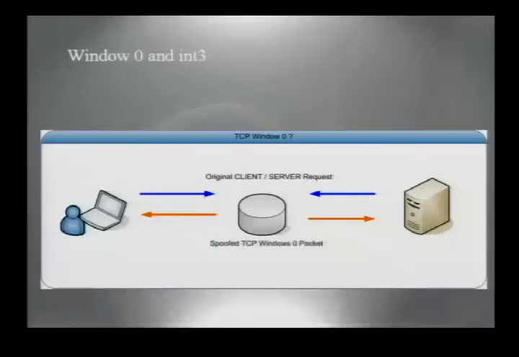But the thinking behind it is simple. What we figure is, as the client sends its message and we intercept it, we spoof a message to both the client and the server with a TCP window 0. Okay, pretty much telling both the client and the server, we're too busy now, don't talk to us.